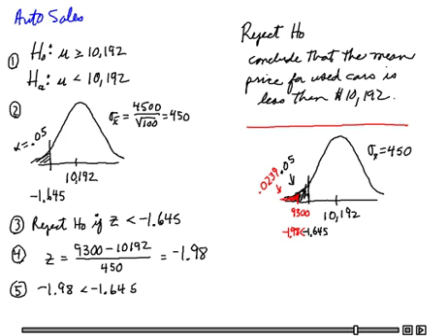So 0.0239 is less than the maximum allowable risk that we were willing to take, and therefore we reject H sub 0 as before.